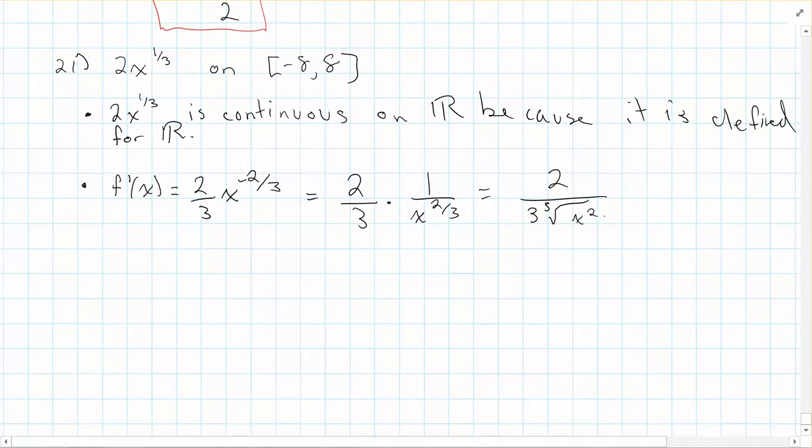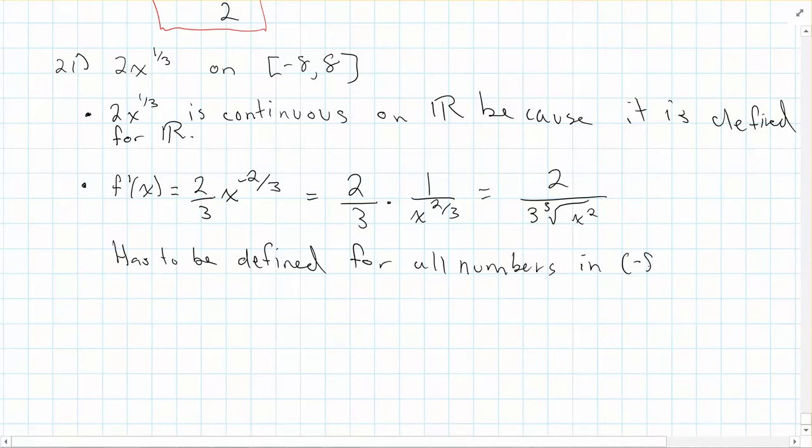Now this has to be defined for all numbers in the interval -8 to 8.